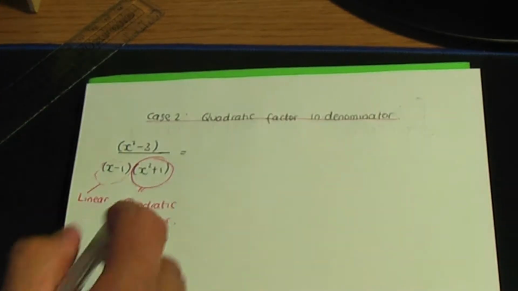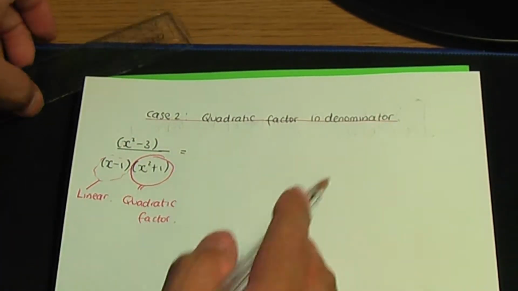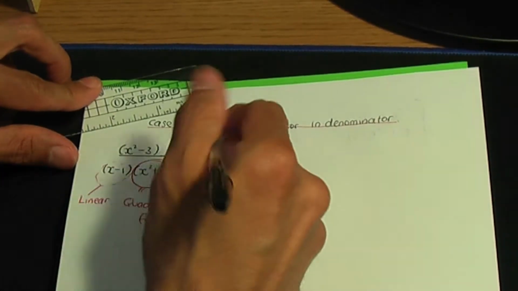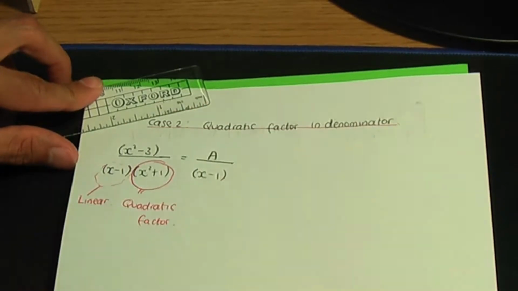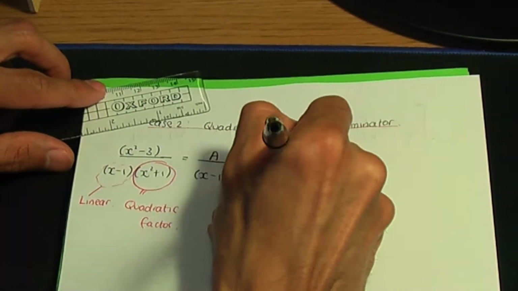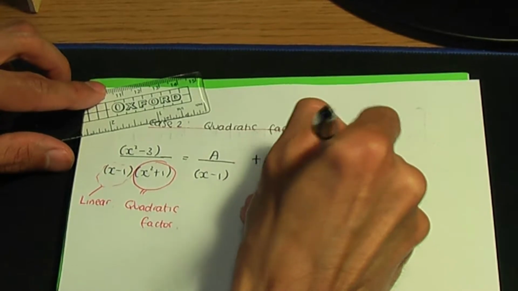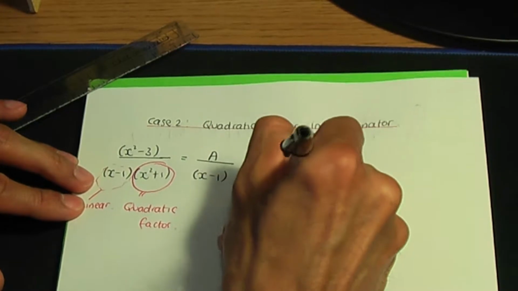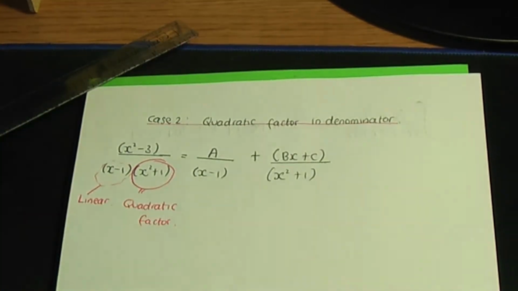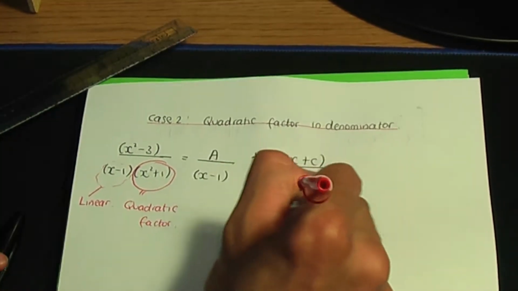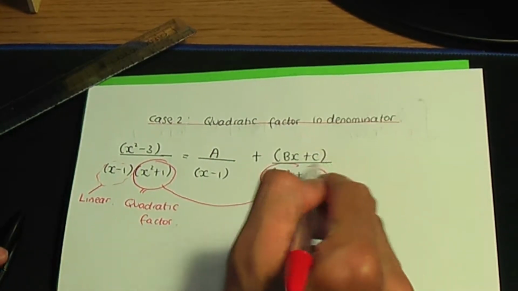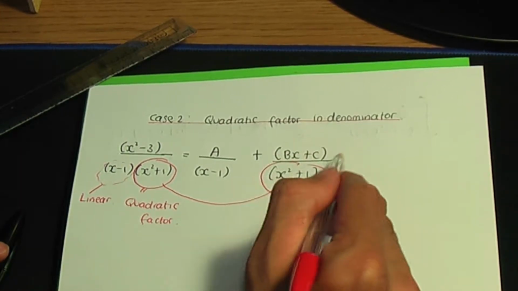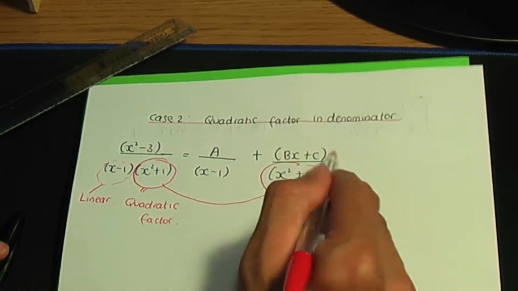When you rewrite this, you would rewrite this as a divided by the linear factor, so the linear factor is x minus 1, plus bx plus c divided by your quadratic factor. Your quadratic factor is x squared plus 1 in this case. In other words, the numerator of your quadratic factor will be of the form bx plus c, and that is all one term.